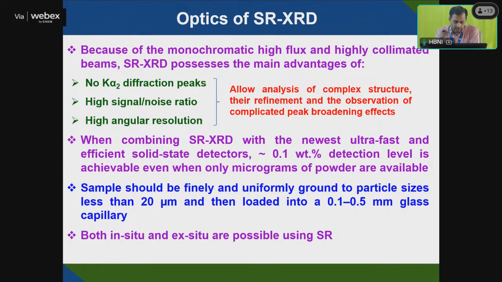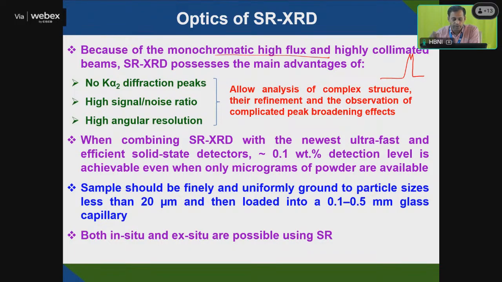In between there are various mirrors and slits to eliminate any other radiation. Because it is highly monochromatic, with high flux and highly collimated, synchrotron radiation has many advantages, as I told initially. Generally K beta is subtracted using a nickel filter in the case of copper. Then K alpha 1 and K alpha 2 sometimes cause the XRD peak to split slightly at the top.